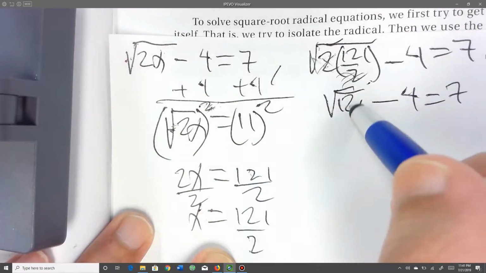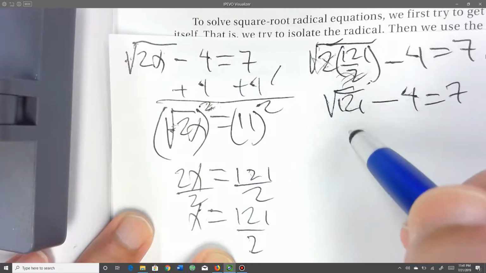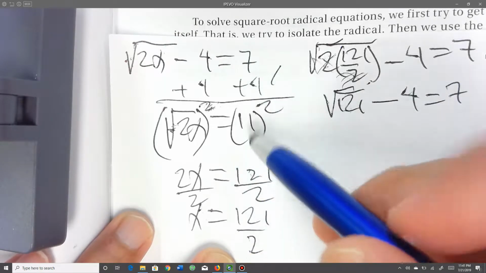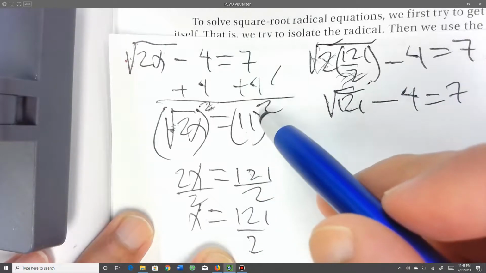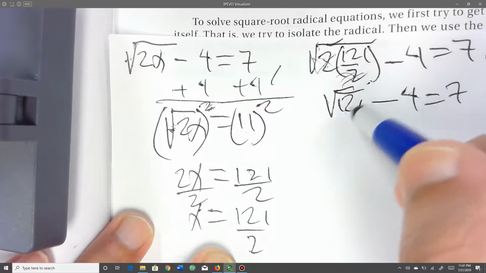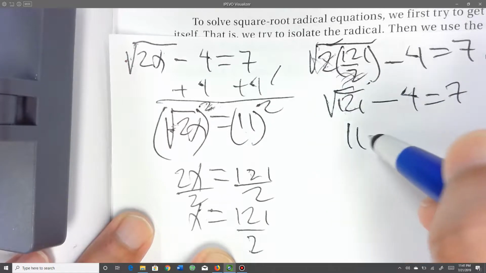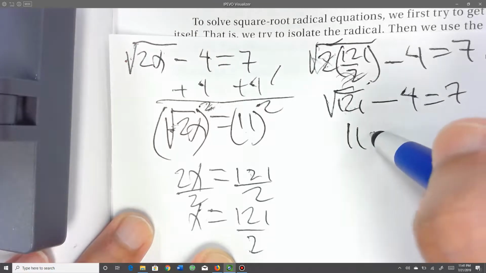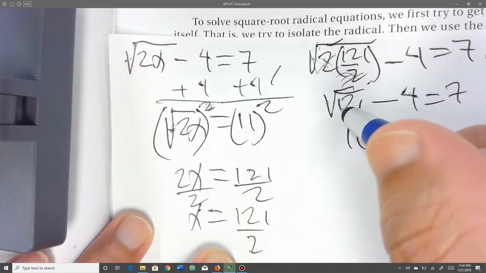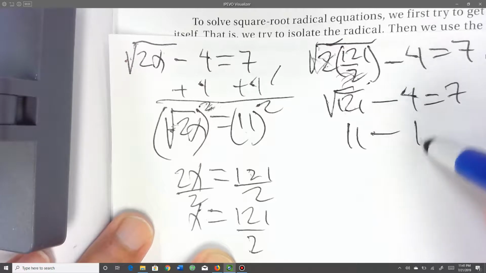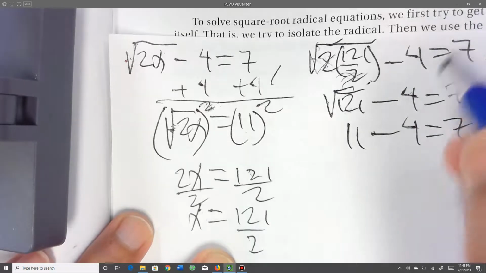Now I can see that the square root of 121 is 11, because I multiplied 11 times 11, which gave me this 121. So I will write 11 instead of the square root of 121, and rewrite everything else.